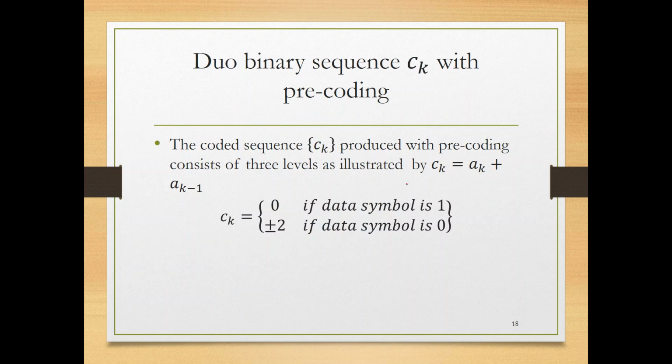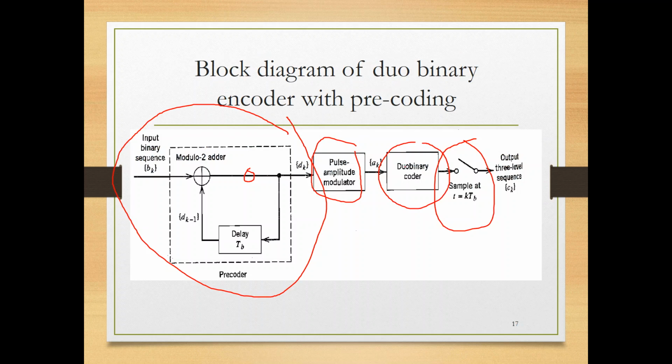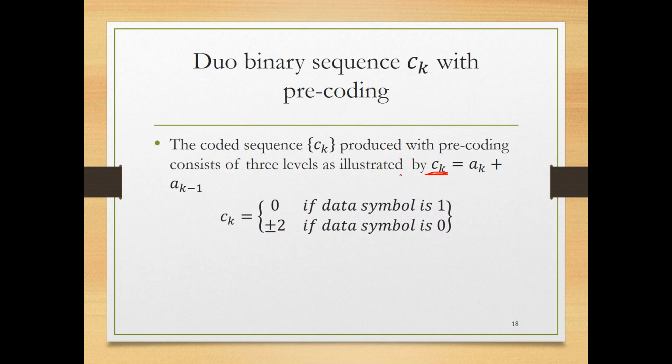So let's have an example so that we can understand it in a much better way. We start by agreeing on the fact that the coded sequence CK produced with precoding consists of 3 levels, as illustrated. We all know that CK, the duobinary signaling output, is basically the current pulse added to the previous consecutive pulse to get a new value.